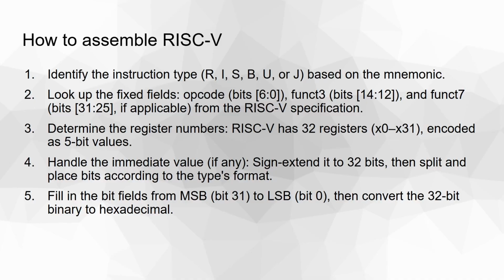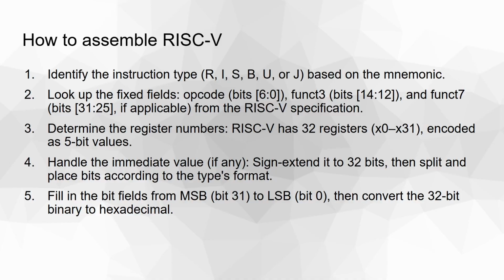Now, for manual assembly, which will be helpful for debugging because you'll be able to take your assembly code and manually gather the opcode and all the fields, you need to first identify the instruction type, so R, I, S, B, U, or J, based on the mnemonic.